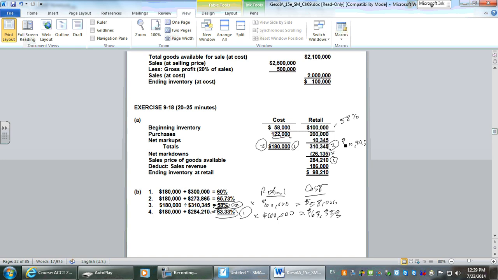How did I get that? I left this 100 out. So what's the 122 divided by 210,345? Did you include the markdowns in the line? No, I didn't.